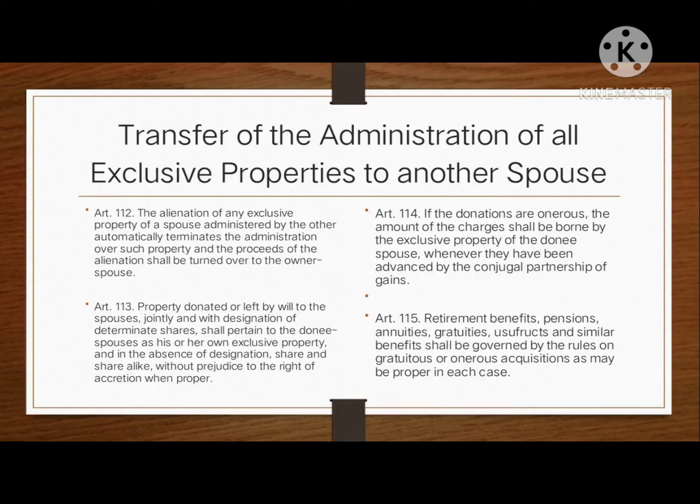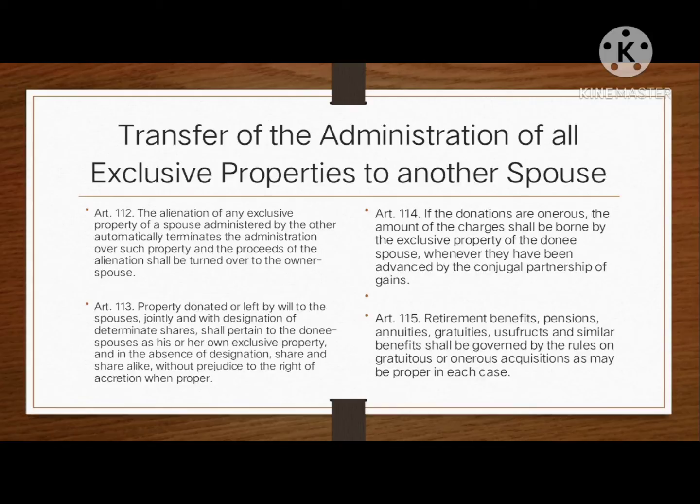Property donated or left by will to the spouses jointly and with designation of their respective shares shall pertain to the donee spouse as his or her own exclusive property, and in the absence of designation, share and share alike, without prejudice to the right of accretion when proper.